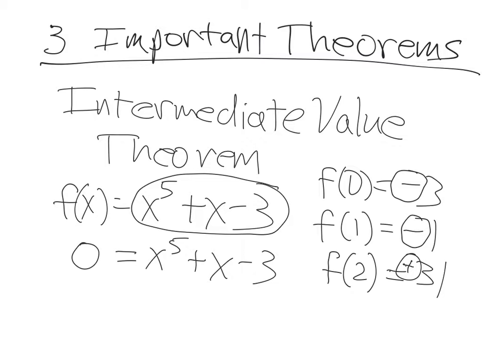Those are the nice functions to work with. They have a lot of nice properties. Continuity is one of those properties. It's continuous for all real numbers. So it is a continuous function, and this shows us that there is a 0 between x equals 1 and x equals 2, because one of the function values is negative and the other is positive.